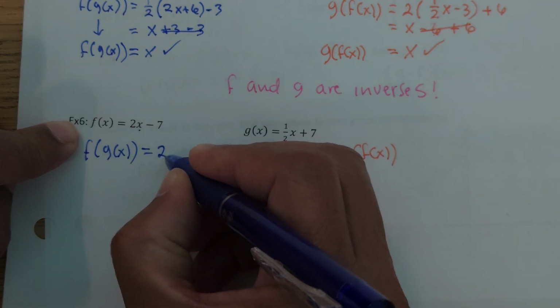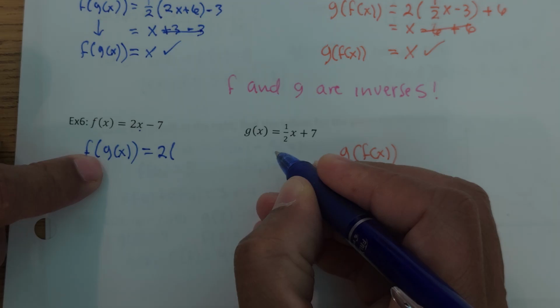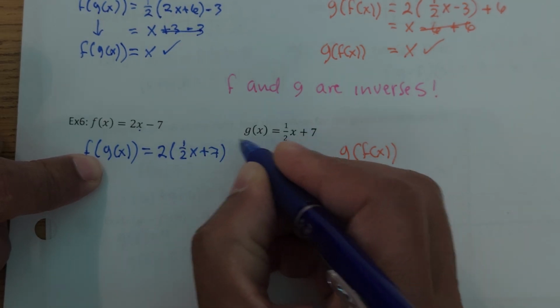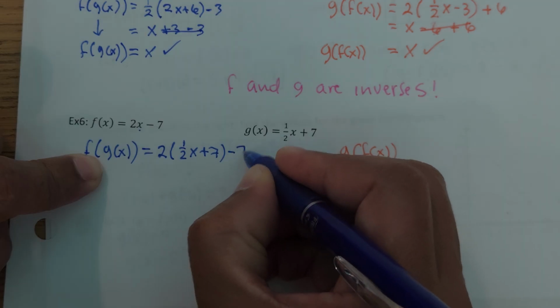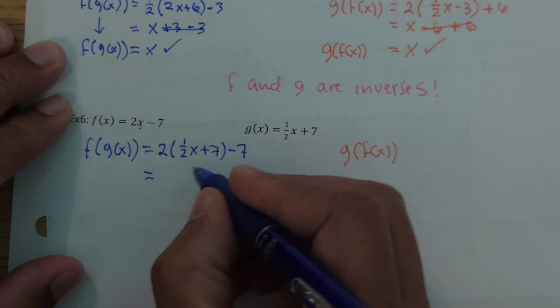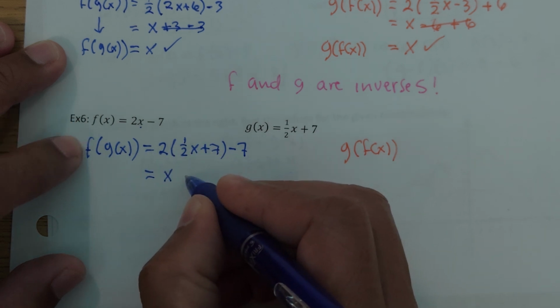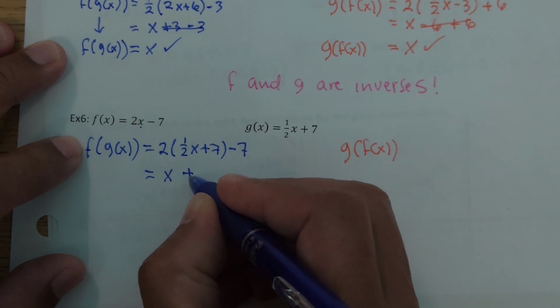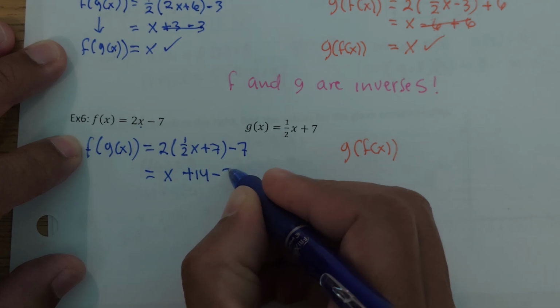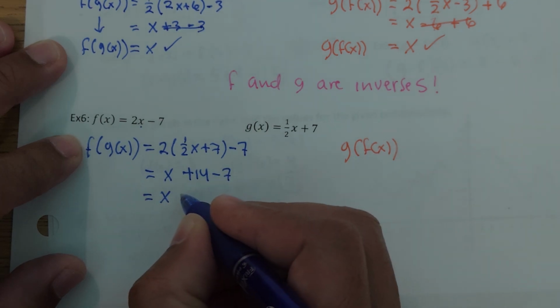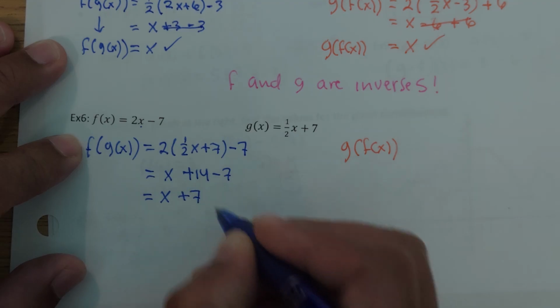So let's copy that 2, and then instead of x, put what g of x is equal to, which is 1/2 x plus 7, and then subtract 7 after that. So this is equal to 2 times 1/2, which is x, and 2 times 7 is 14. So plus 14 minus 7, which is equal to x plus 7, since 14 minus 7 is plus 7.